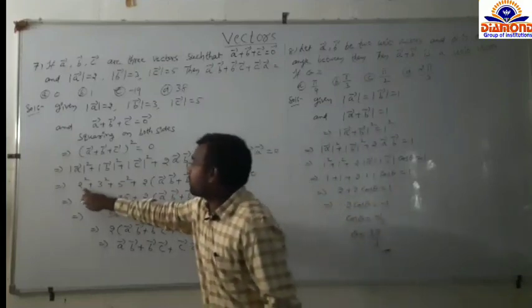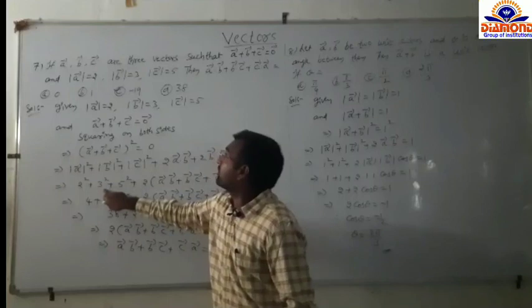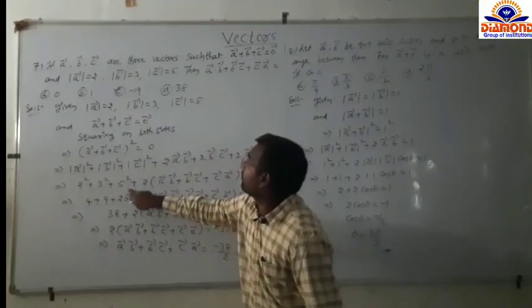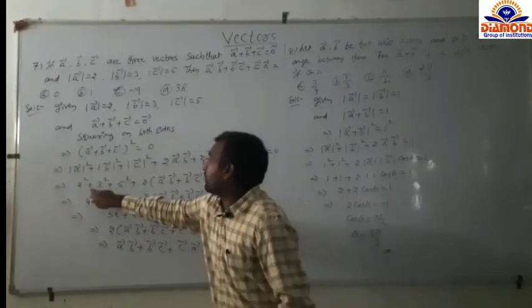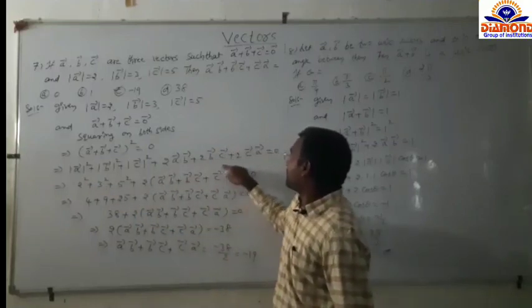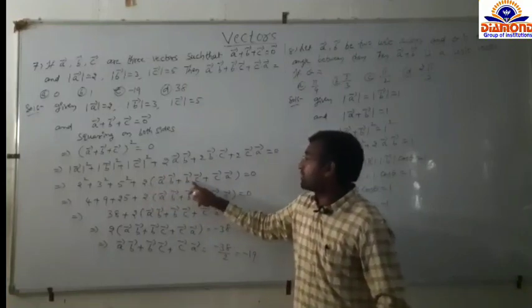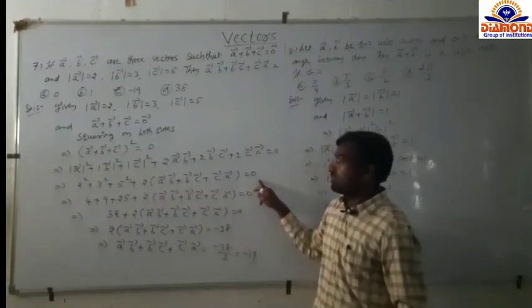So what is the |a| value? |a| is 2. In the place of |b|, substitute 3. In the place of |c|, substitute 5. So 2 square + 3 square + 5 square + 2 common from these three terms, remaining is a·b + b·c + c·a = 0.